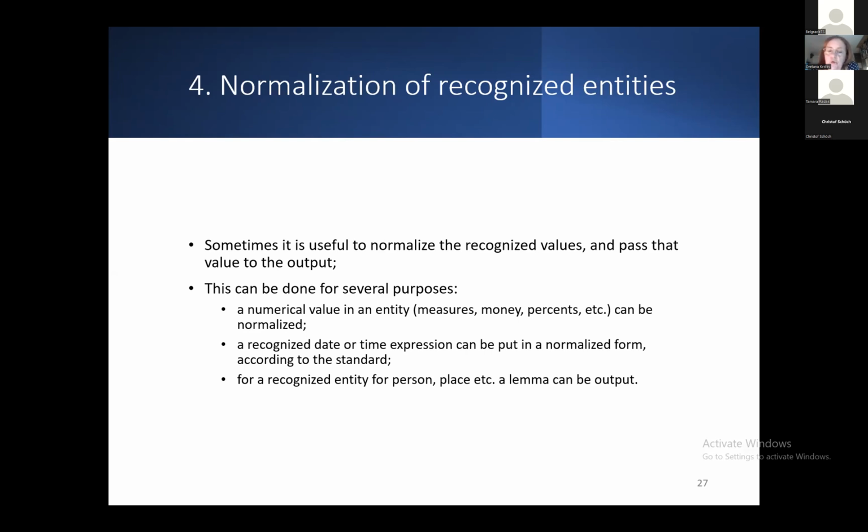And for recognized entities for person, place, and so on, you can put lemma. This last case is again not so important for English and French because names for persons and places will not inflect, but in Serbian, for instance, they will inflect, and you would like to get lemma.